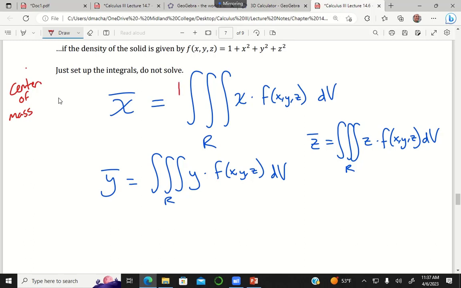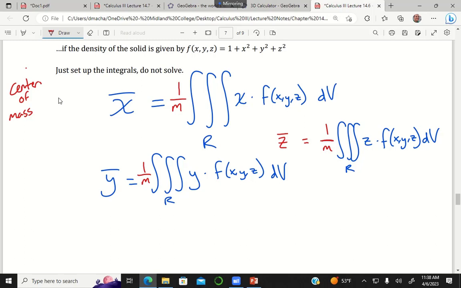But there should be a little 1 over m here, indicating that you should take this integral and then divide by the mass to get your coordinates. I apologize, that's my bad, but now you know. If you actually want the true coordinates, you have to divide by the mass.